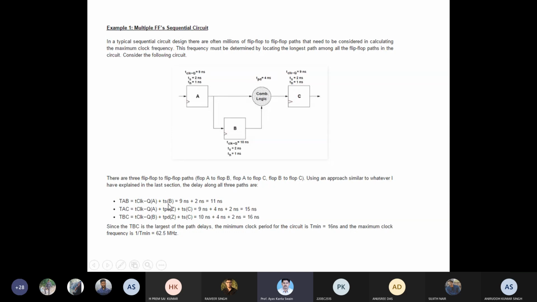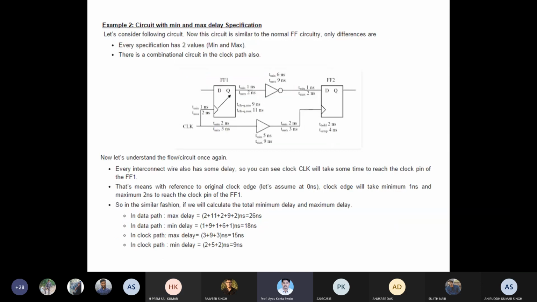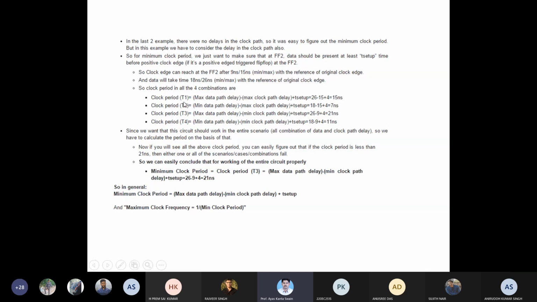When TAS is considered, we are finding out the minimum time required for the data to travel from input towards your output, right? You are finding out T minimum, right? Here actually he is finding out the delay in the core. The T minimum he is finding out in the second slide, where he has considered the setup there.